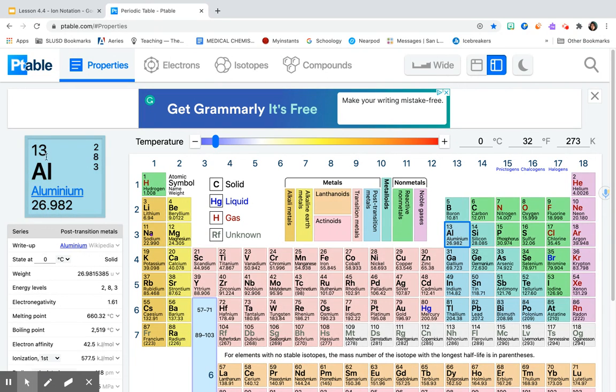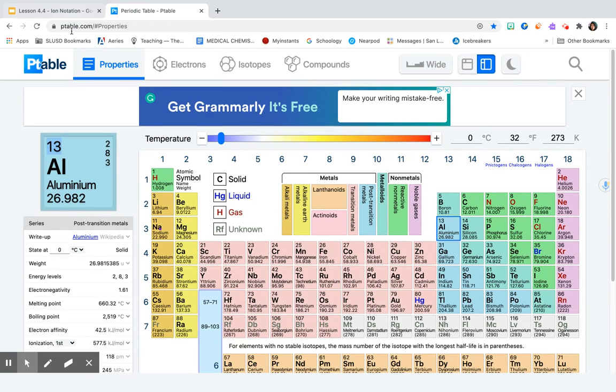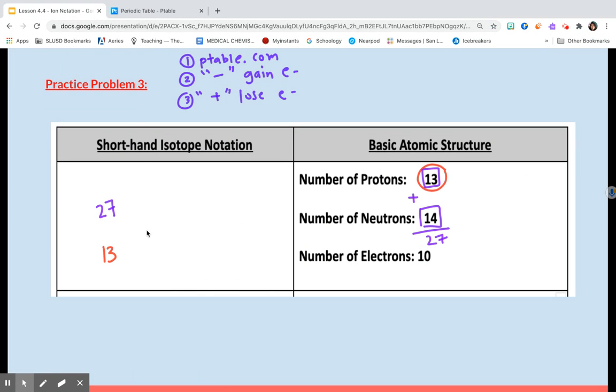So notice this top number is 13. This is element number 13, Al, or aluminum. So therefore, the symbol for this element is going to be Al, or aluminum.